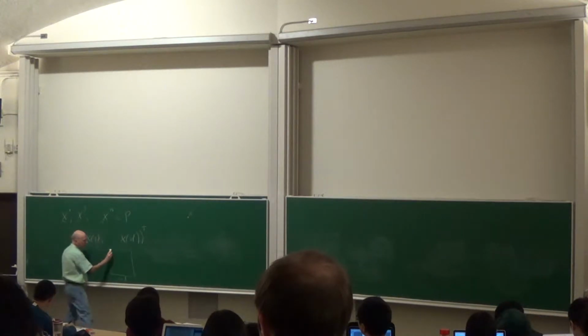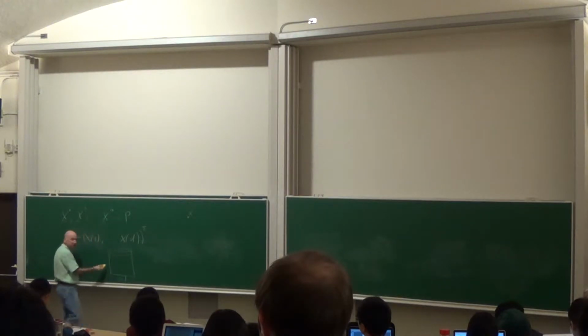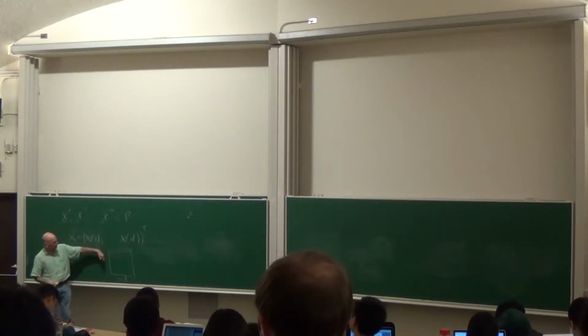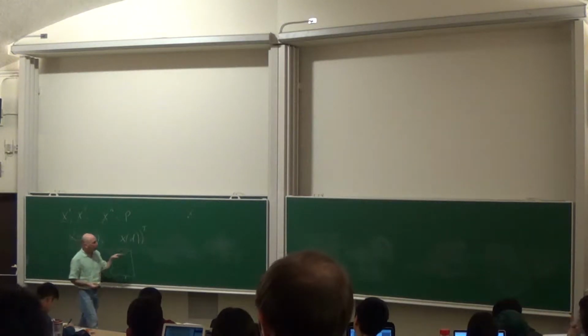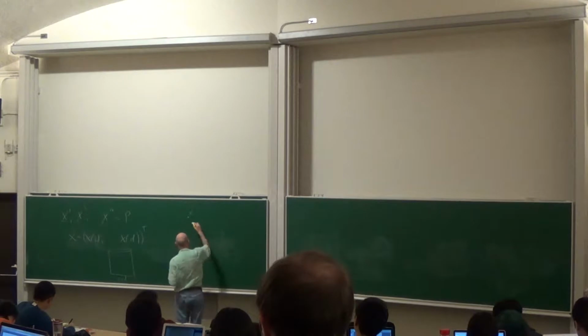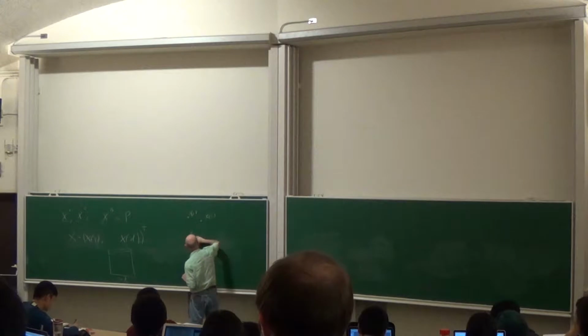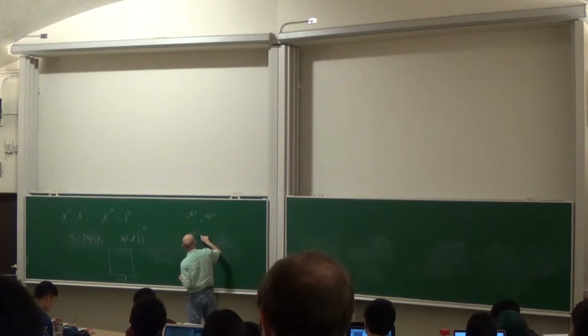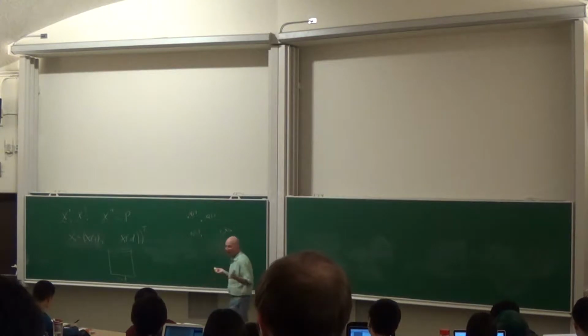Each row would be a person, and each column would be a gene. We're talking now about the columns, and I'm taking the correlation between any pair of columns. So here's x1, here's x2, and so on.